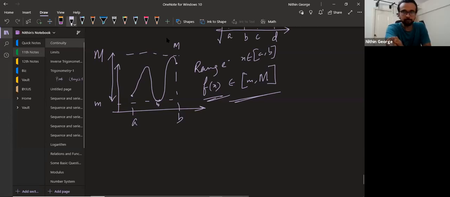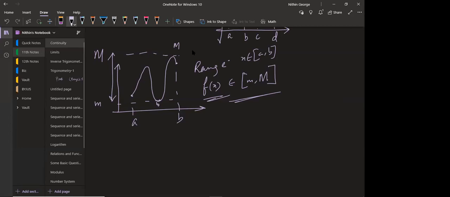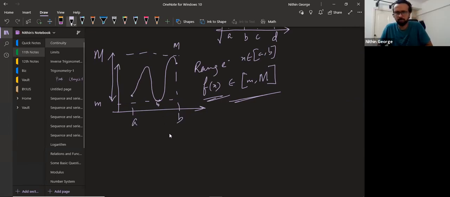Sir, for this chapter, graph questions will only come now, sir? No. They can ask you questions without a graph. They can ask you complicated questions where you can't find the graph that easily, where the limit has to be found. End of the day, this chapter is basically about limit and the value of the function.